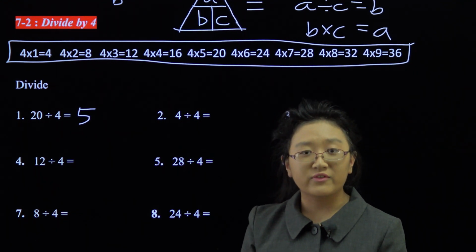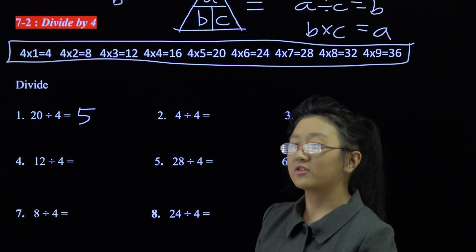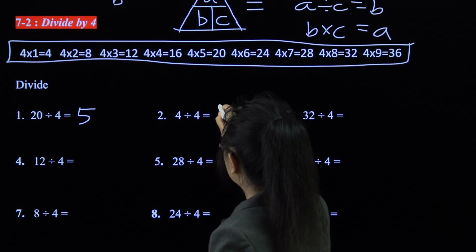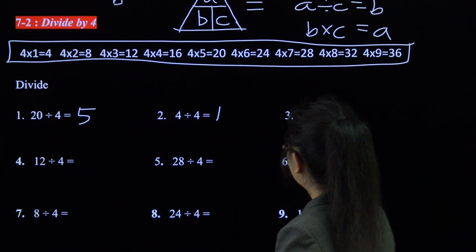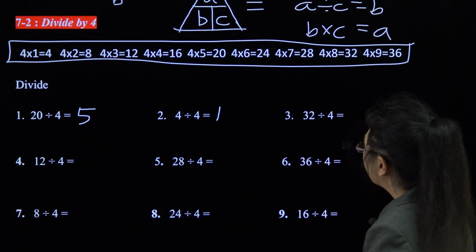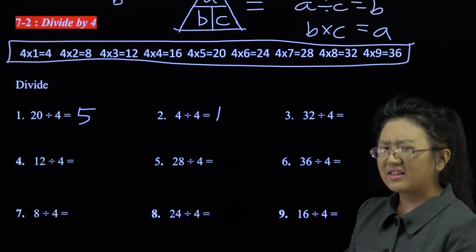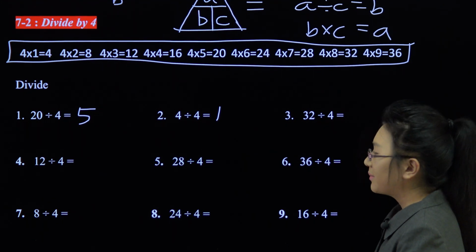The properties of division state that if something is divided by itself, then the quotient will be 1. Always. Unless it's 0 divided by 0. That's a little bit debatable.